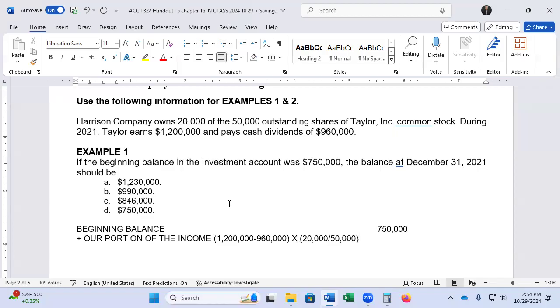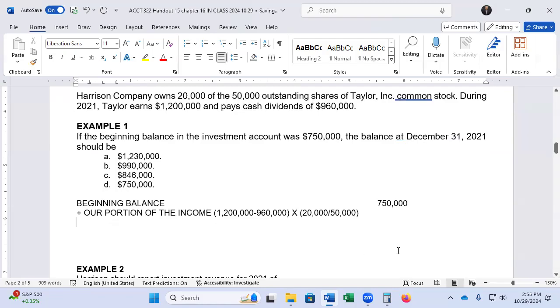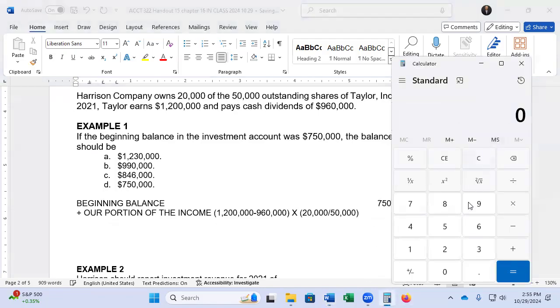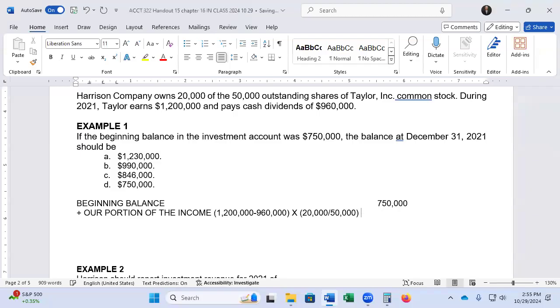That's the number of shares that we own. And we end up with 96,000.